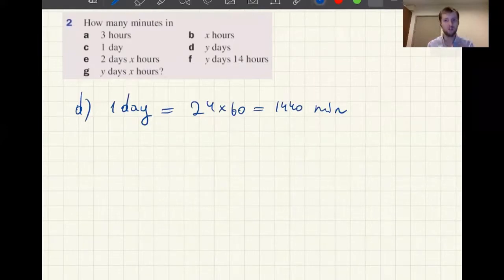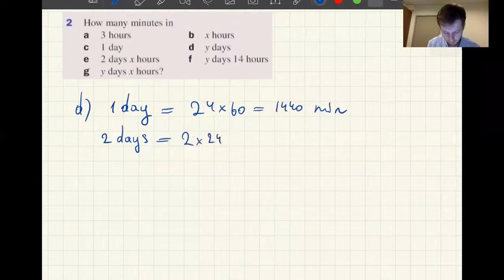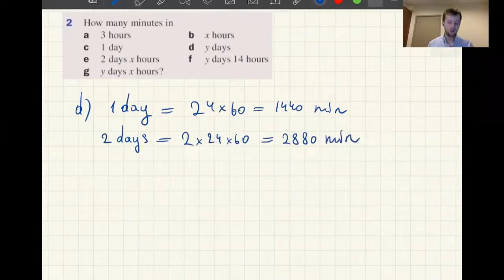So for this, we have to do some more day exercises. Let's do 2 days, for example. 2 days is just like 1 day, only 2 times longer. So we do 2 times 24 times 60, which is going to be equal to 2,880 minutes. Notice the difference.